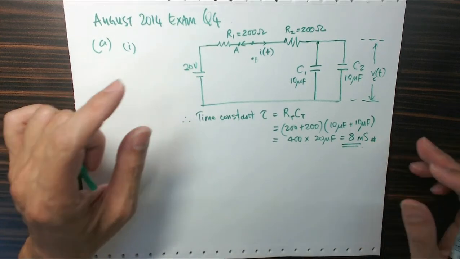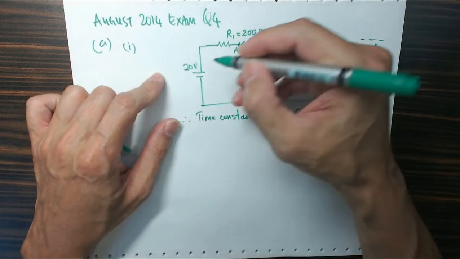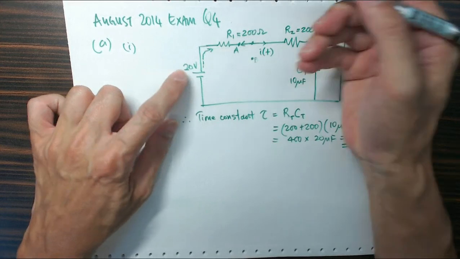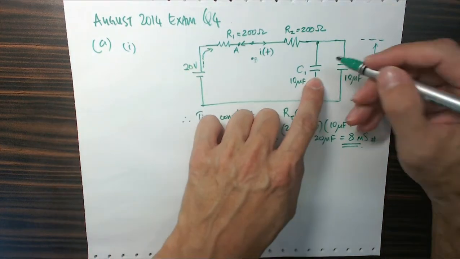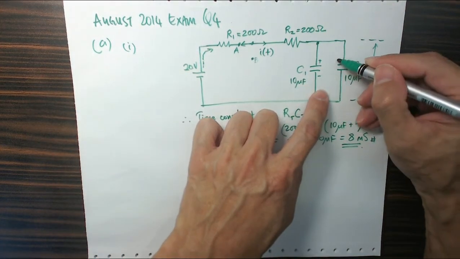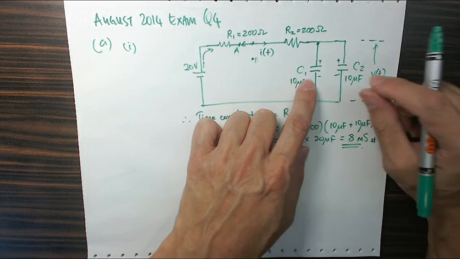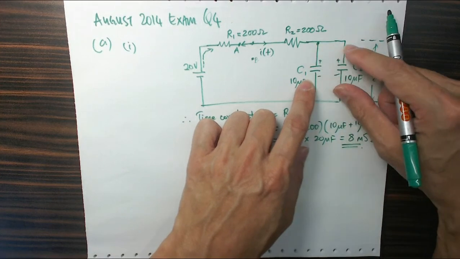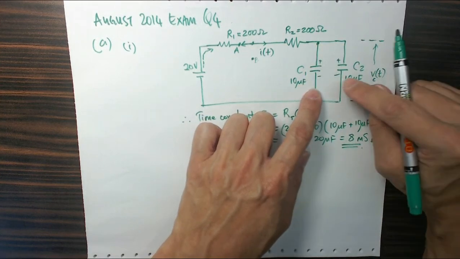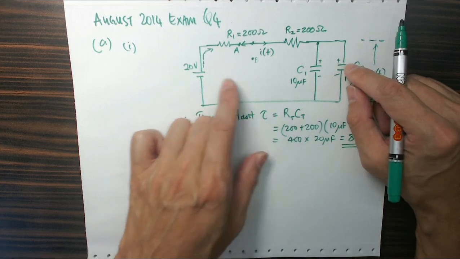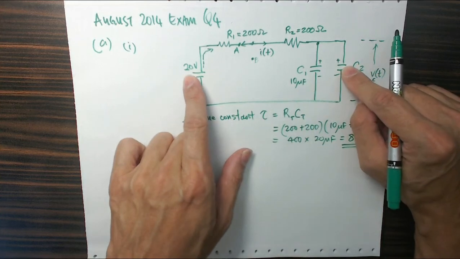Now, for the steady state: initially when the switch is closed, this battery starts to charge these two capacitors. Initially the voltage over these two capacitors was 0, and slowly it increases until it reaches the same voltage level as the battery.